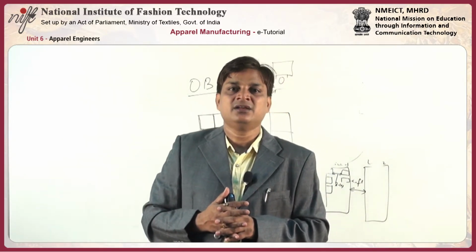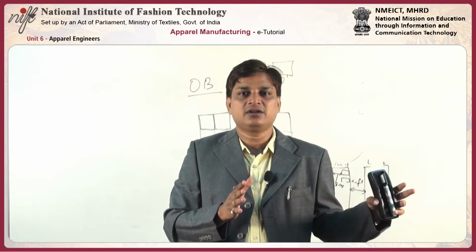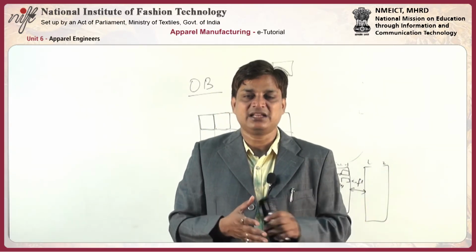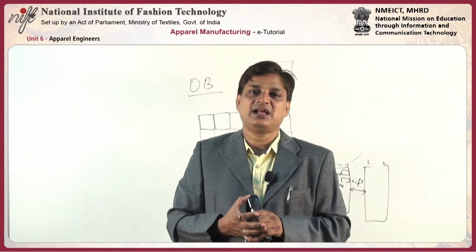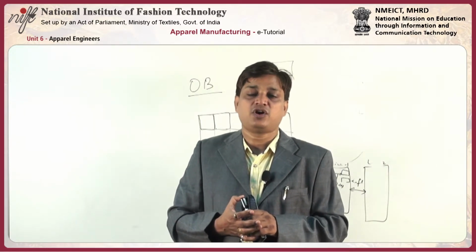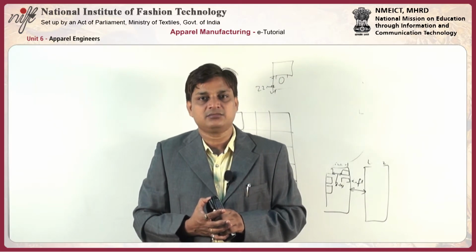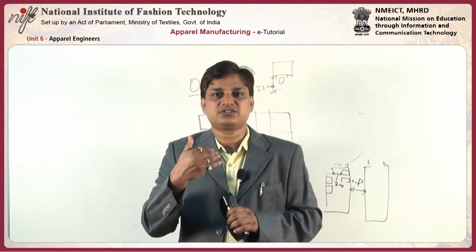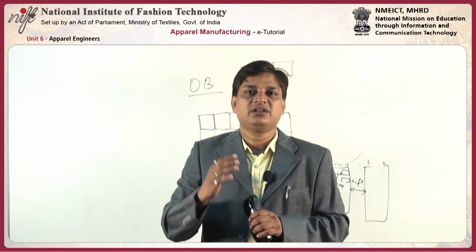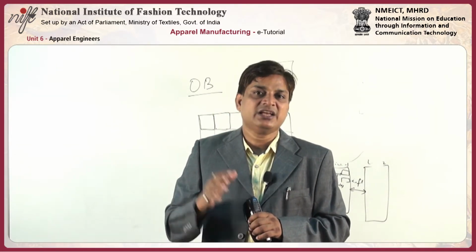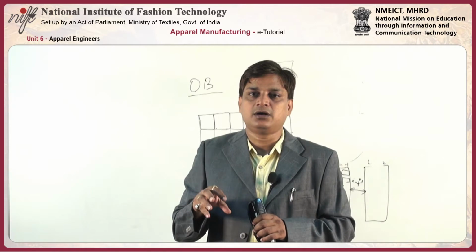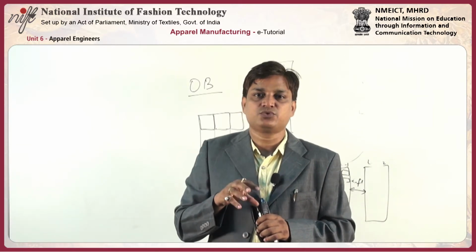Then a training center where the training of newcomers can happen. The training center also has to be planned based on how many people we plan to train every day, every month. Based on that capacity, we will allocate the number of machines. And in the training center, what other tools are we going to use apart from the sewing machines?